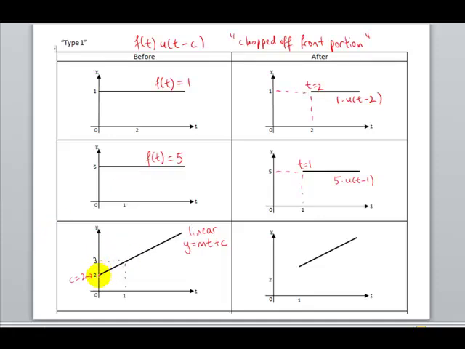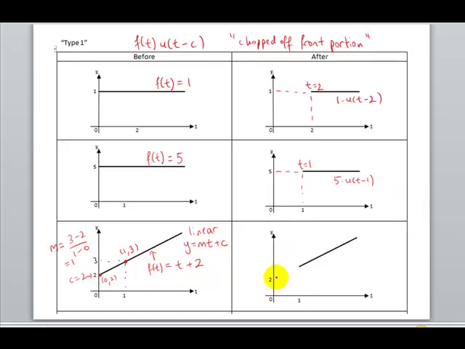So let me take this point, which is labeled (0, 2), and this point, which is labeled (1, 3), to compute the gradient, which is (y2 minus y1) over (x2 minus x1), which gives me 1. So this linear function is mt plus c, where m is 1, so 1t plus c, where c is 2.